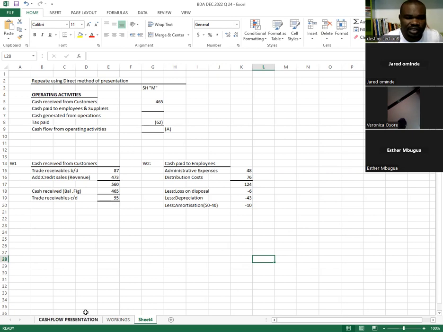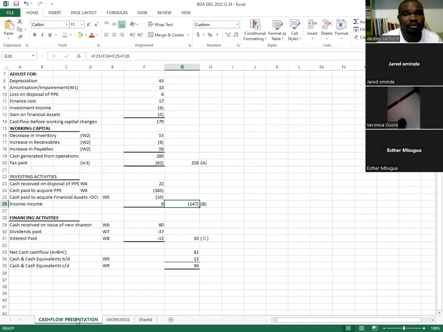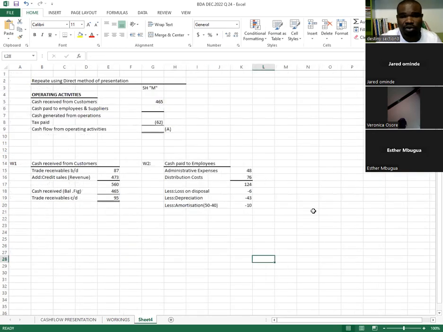Those expenses which you cannot see on the face of the P&L, you don't have any option but to subtract them from administrative. You can even subtract them from cost of sales, but still you'll get the same thing. So there is no problem with that.